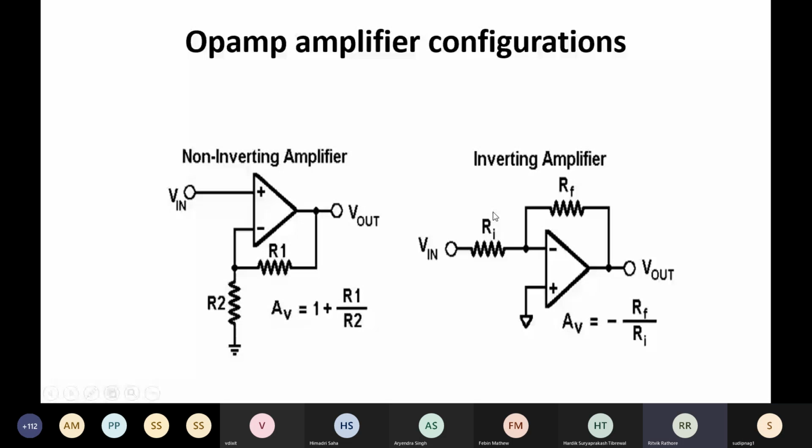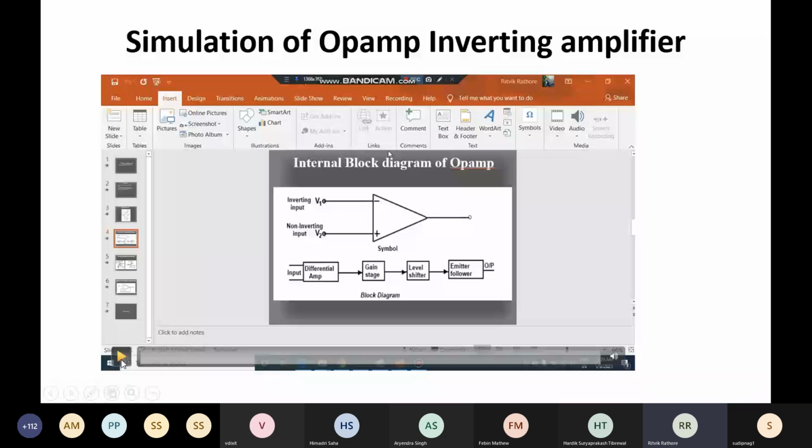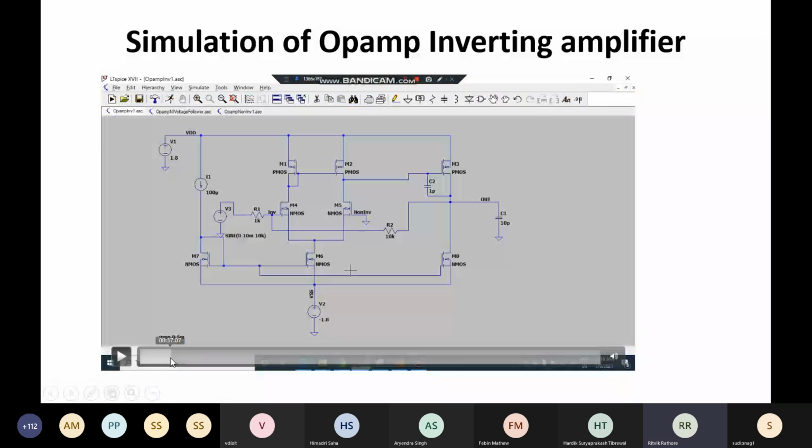So let us now see how to design this op-amp in LTSpice. So I just play the video. So this is the same part at the beginning, which we have just discussed. So I'll just forward it and I'll come to the schematic here. So this schematic, though appears a bit complex, it can be broken down into a number of units.